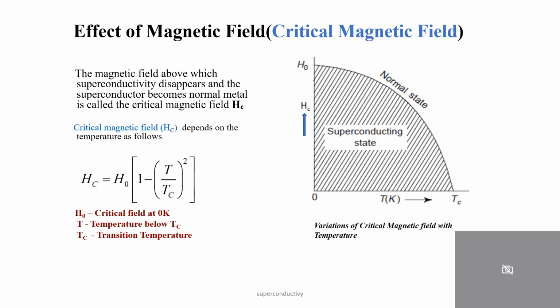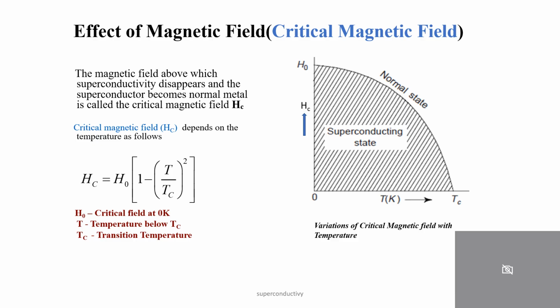Similarly, as we previously discussed the critical temperature, there is a particular magnetic field Hc, above which the superconductor becomes normal, and below which it remains a superconductor.